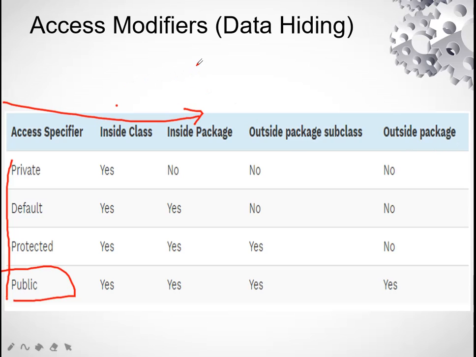I can write the code in a single class, that means inside the class, just a single class. Now I can have a package. Now you may say, what is a package? We'll do that later on. A package is nothing but a folder wherein I have multiple classes, multiple class files.